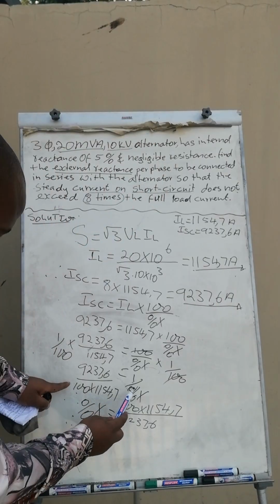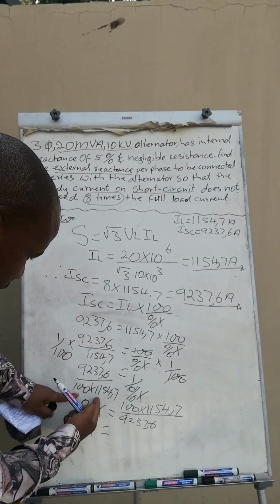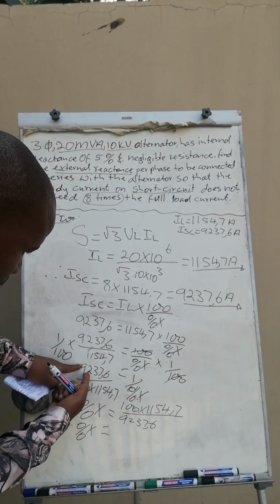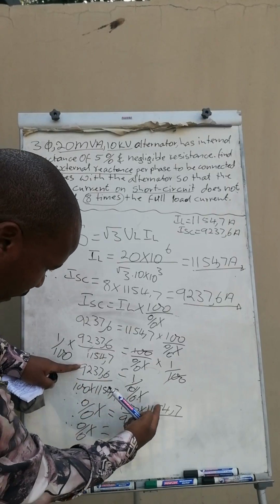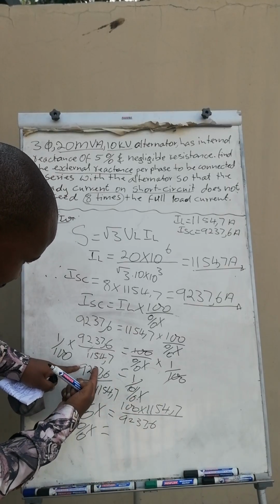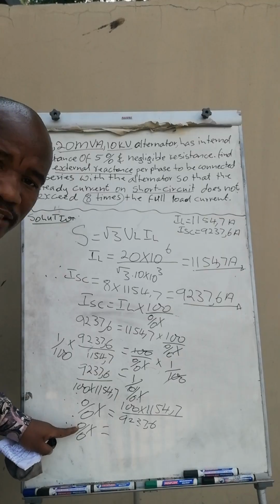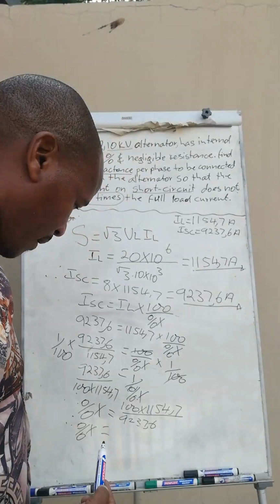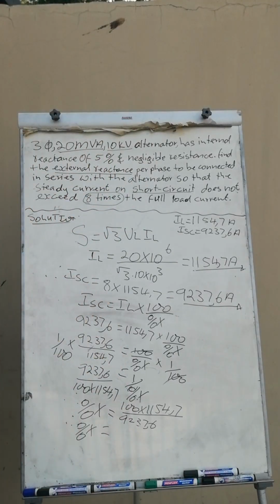Gentlemen, look, I've cross multiplied this by 1, this by that, and then I divided by this one to make this one the subject of the formula. And then it's equal to what?